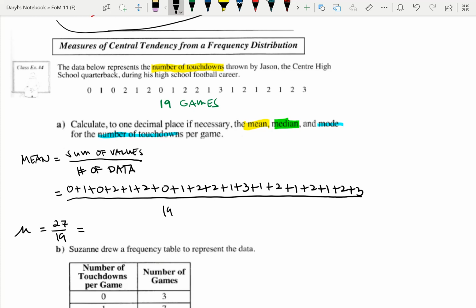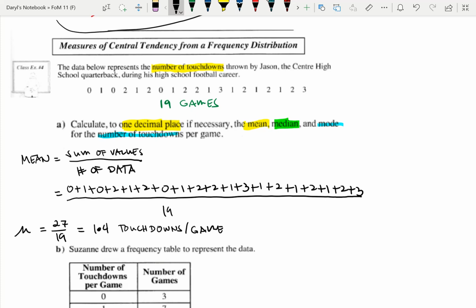So the answer would be 1.4. Remember, it's to the nearest tenths, or one decimal place. So it would be 1.4 touchdowns per game.